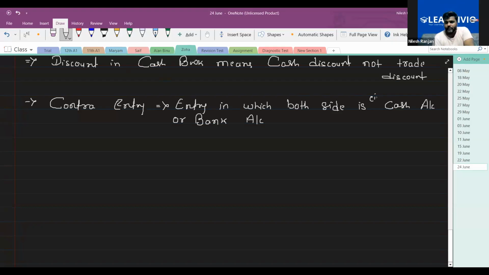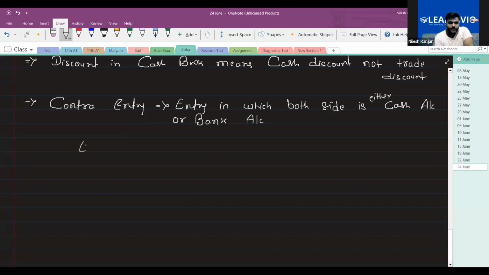So in any transaction, if the entry is like cash account debit to bank, or bank account debit to cash account, means on both sides there is either cash or bank, whatever. So that is called contra entry.